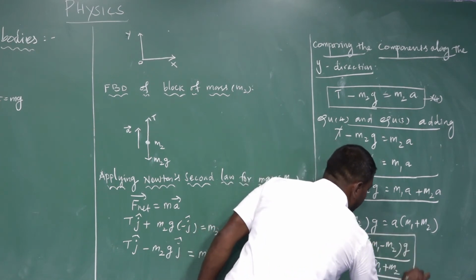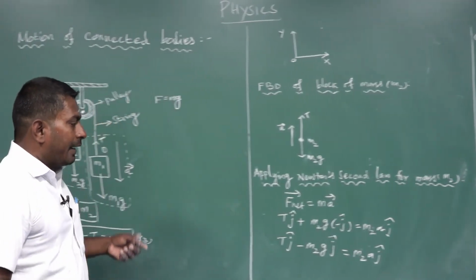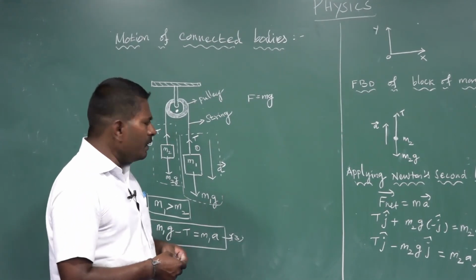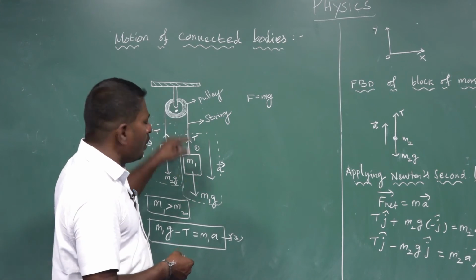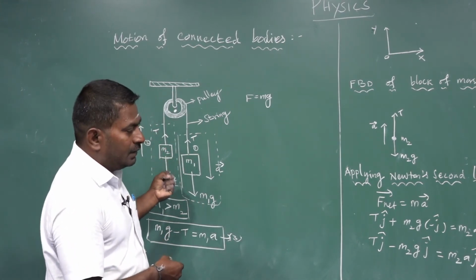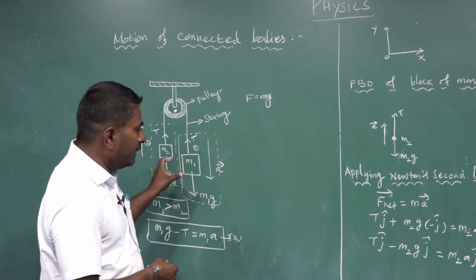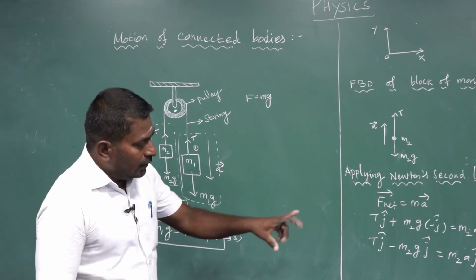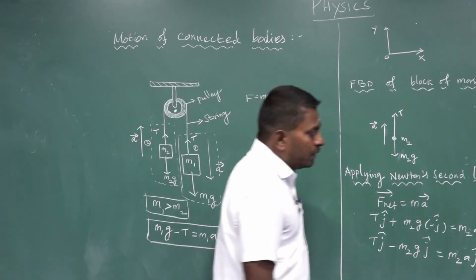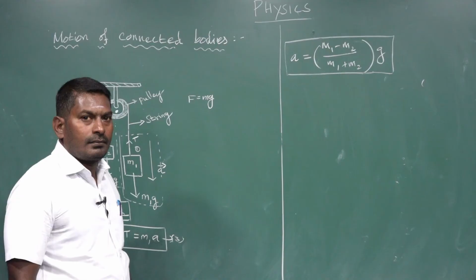This is a very important expression: when the bodies are connected by a string passing over a pulley, due to the force experienced by the blocks, both the blocks are set into acceleration with the common acceleration A equal to M1 minus M2 into G divided by M1 plus M2.